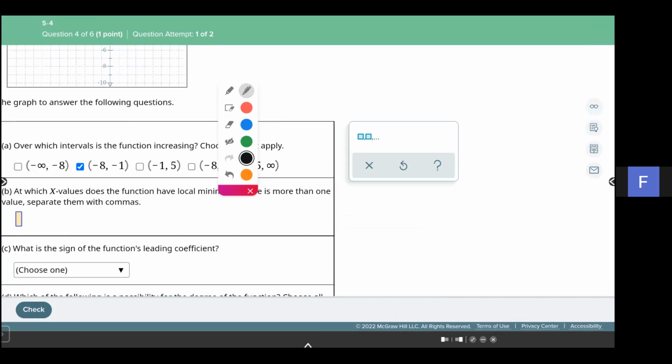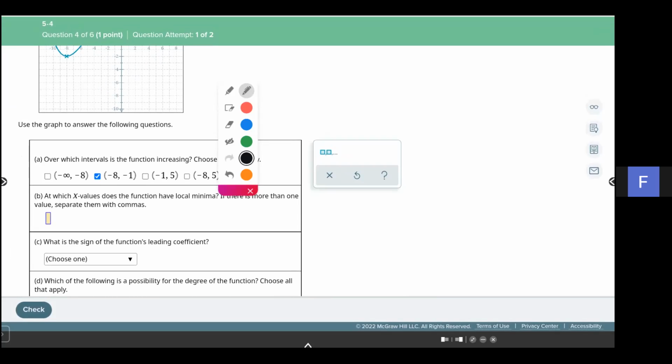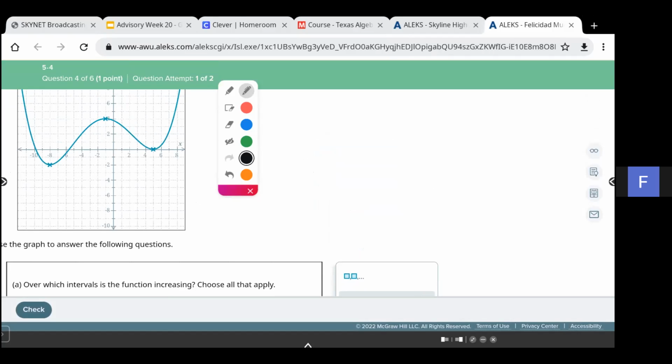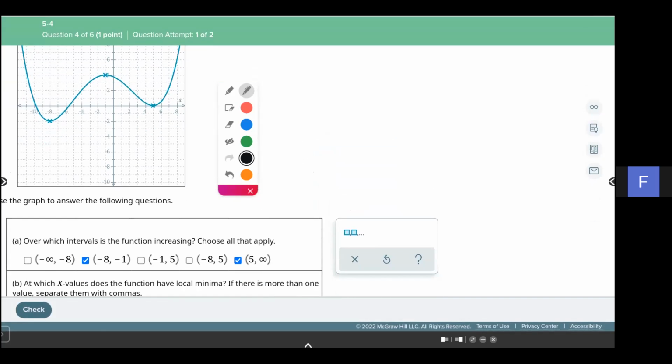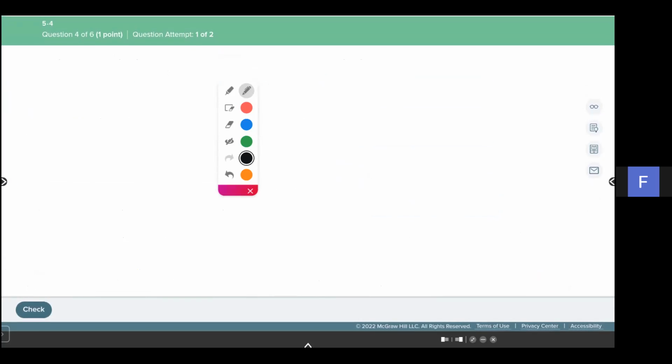At which x values does the function have a local minimum? So I'm looking for low turning points, and I can see that they're at -8 and +5. Okay. Interesting that I'm having such a lovely time here.